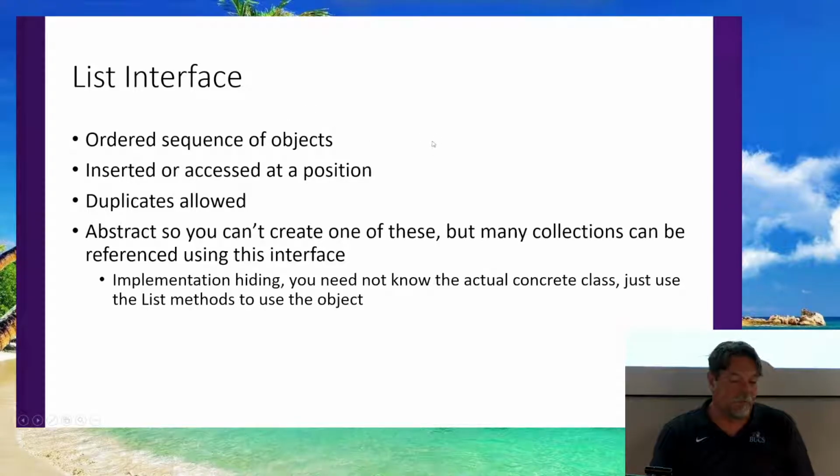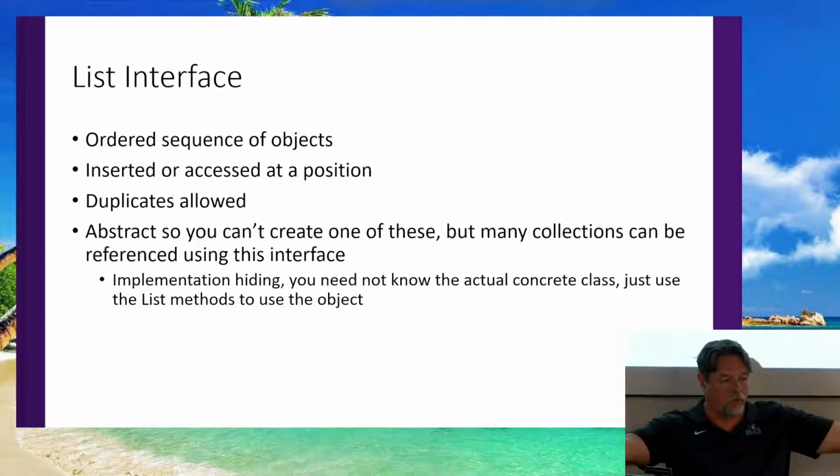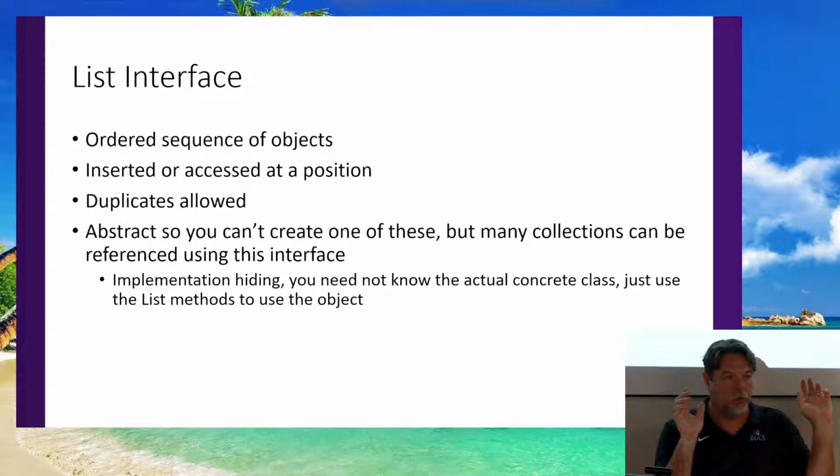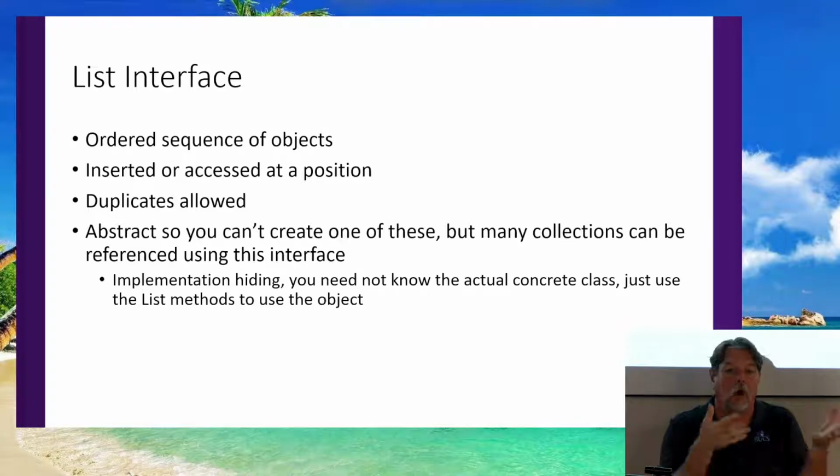Okay, this list interface. So I mentioned earlier that an interface is simply like a contract. You create an interface, which is a contract that says any class that purports to implement this interface has to follow these rules. It has to abide by this contract. It has to implement all of the functions that are declared here.